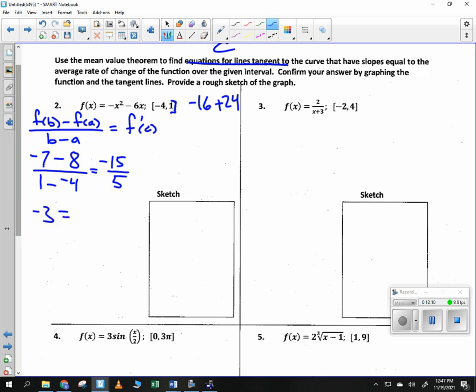So is negative 3 the left side or is it the right side? Which did we do? We just did the left side. Everybody agreed there? Okay, so for the left side, all we found was slope. Agreed? Now we set that equal to the derivative. What's the derivative? Negative 2x minus 6.